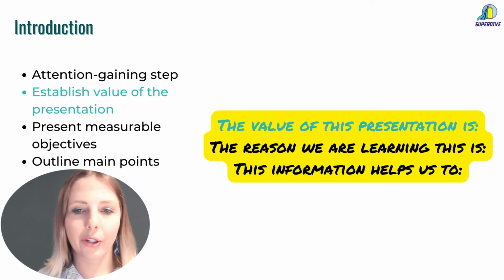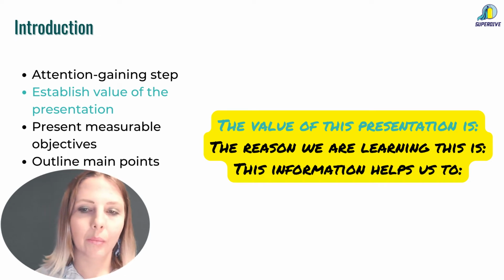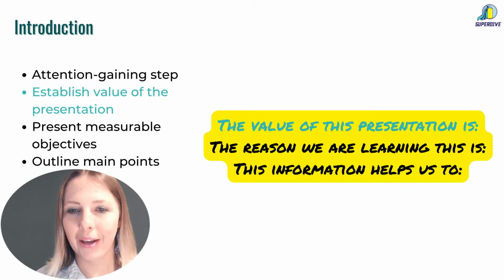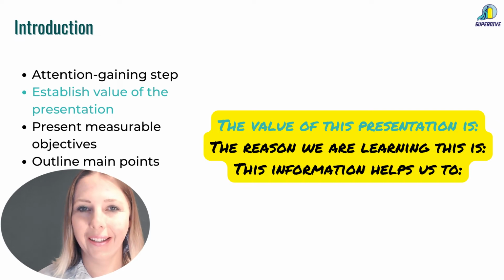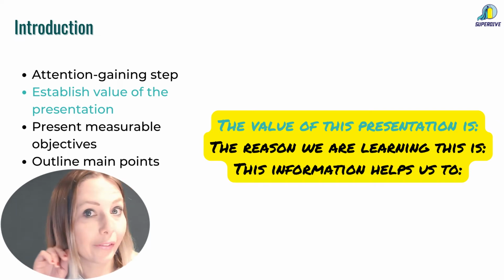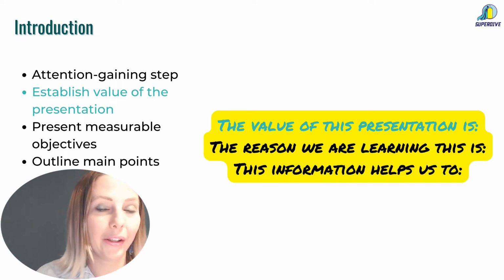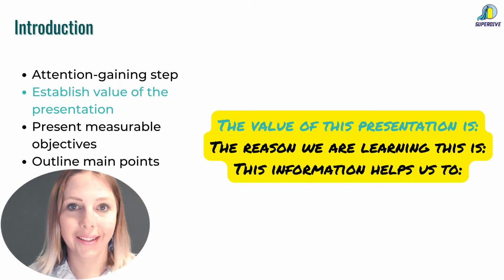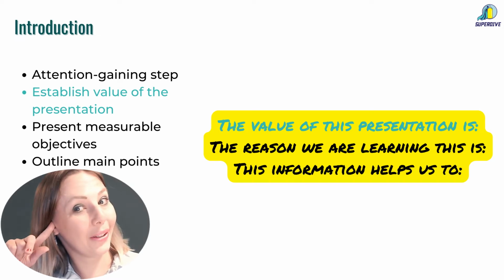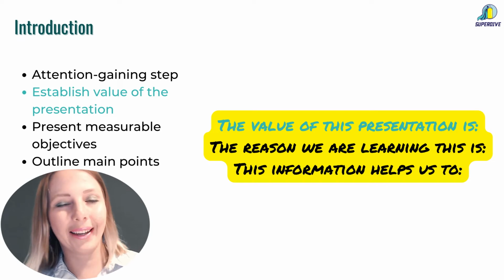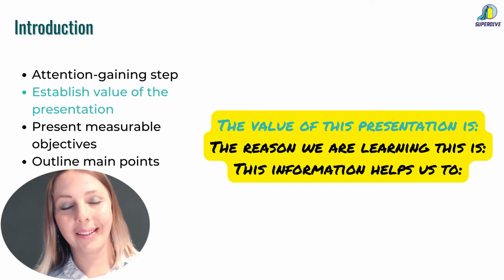Feel free to switch it around and say things like, the reason we are learning this is this information helps us to, but for the purposes of these teaching presentations, when there's an evaluator in the room and listening for specific clues, say the words, the value of this presentation is. The second that the evaluator hears those words, they're like, check mark, and then they give you the points. That's how you kind of cheat this system.